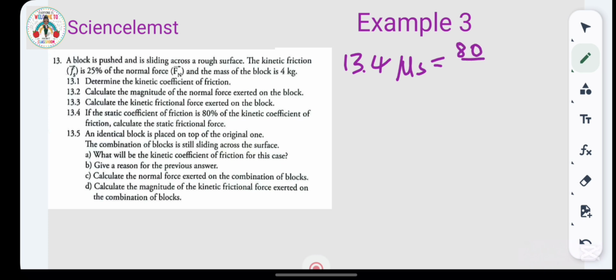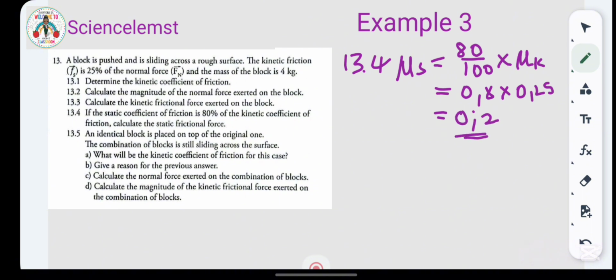So 80 divided by 100 multiplied by the UK, which is going to be 0.8 multiplied by 0.25, and then the answer is going to be 0.2. That is the value for US.